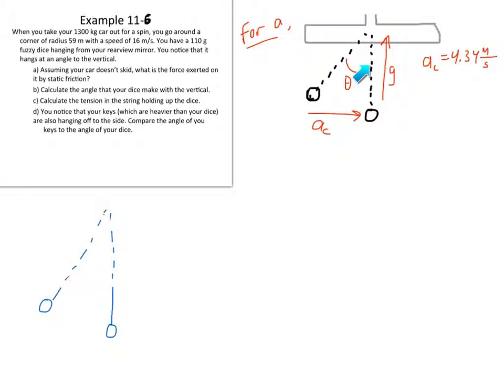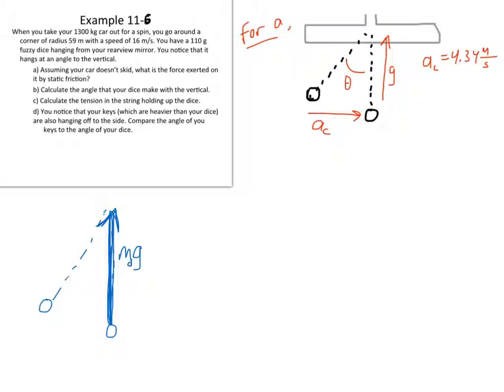Well, this would be the downward force, or I should say really the force that's applied upwards by the string, or by whatever is supporting the fuzzy dice. That upward force is going to be mg. That is the mass of, not the car, not the keys, not anything else, but the mass of the dice times gravity. That's going to be the upward force.